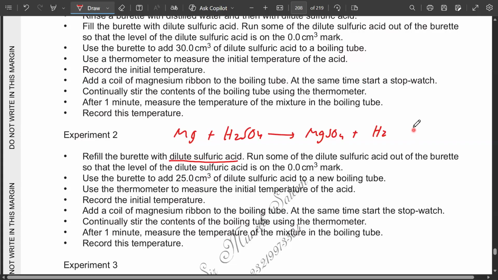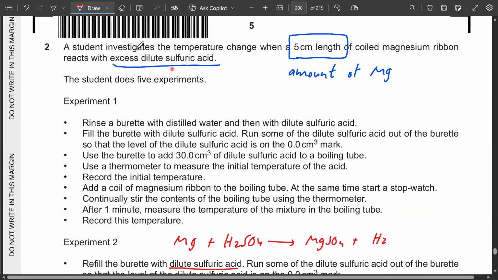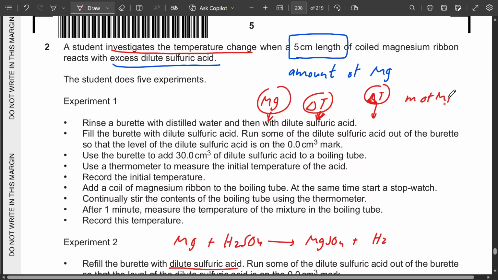So that is the experiment to investigate the temperature change which we are doing. If magnesium mass is decreased, then definitely the temperature rise will also be lessened. A smaller temperature rise will be observed since the mass of Mg is less.